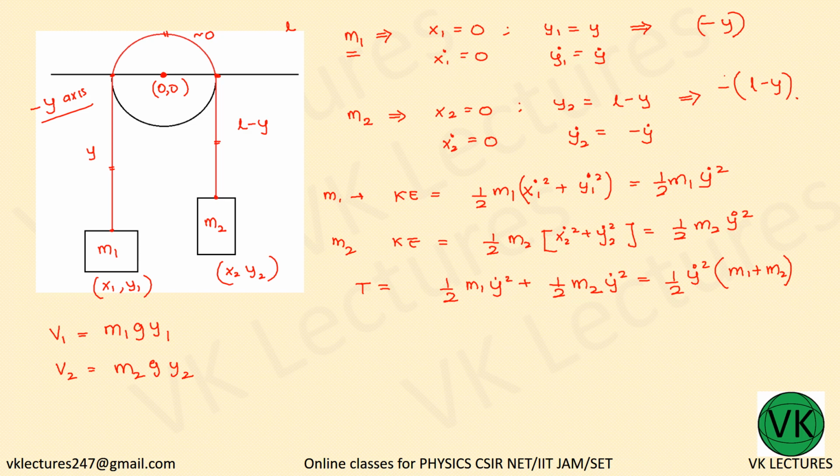So V1 is m1 g into minus y, and V2 is m2 g into minus L plus y.